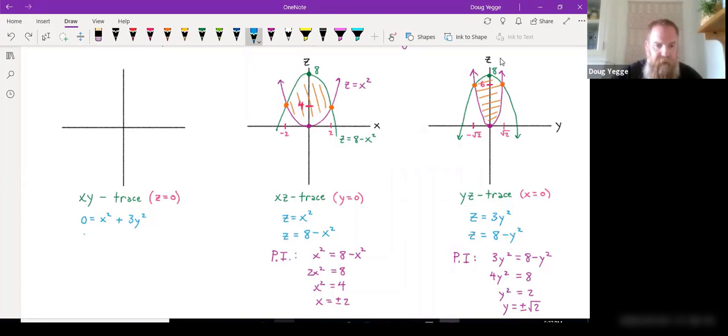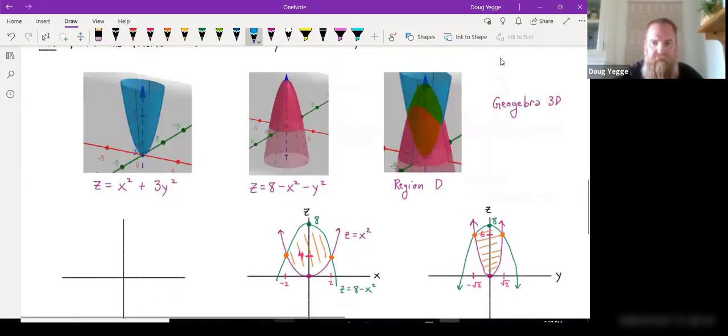If I set the second one equal to 0, I get 0 equals 8 minus x squared minus y squared, which would be a different ellipse. So z equals 0 on the first function would simply be a single point, while on the second function it would be an entire ellipse.